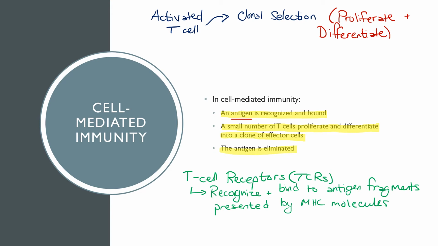Now a T cell becomes activated only if it binds to the foreign antigen and at the same time receives a second signal, which is known as co-stimulation. So T cell activation is going to require binding to the antigen, plus receiving a second signal.